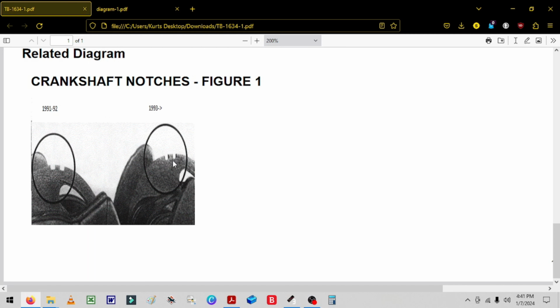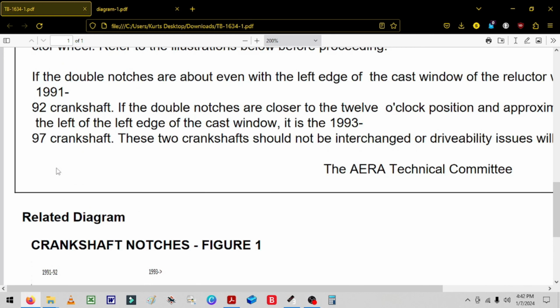Now, whether or not that comes into play, I don't know. But what he's talking about is the placement or location of these 2 notches is 10 degrees farther or forwarded on the 93 and forward year models than it is on 91 and 92.